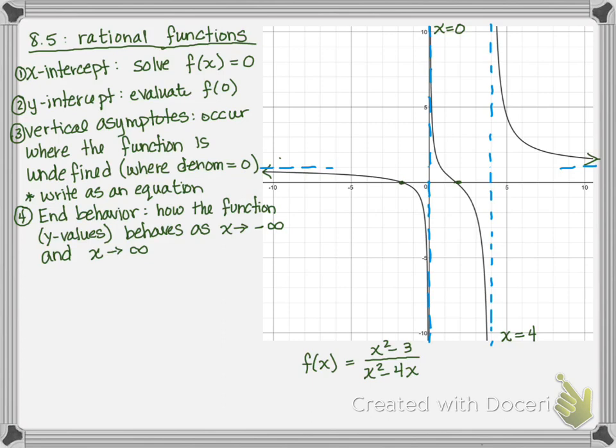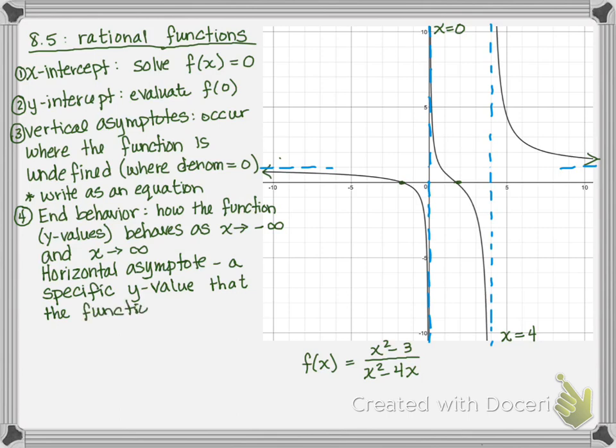So when we look at horizontal asymptotes, this is a specific y value that the function approaches on the left and right edges of the graph.